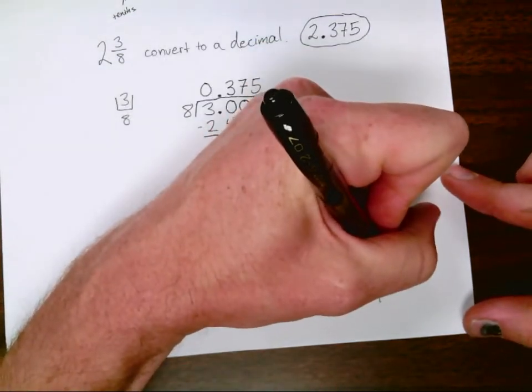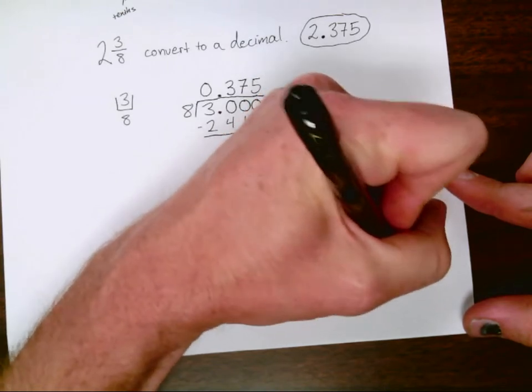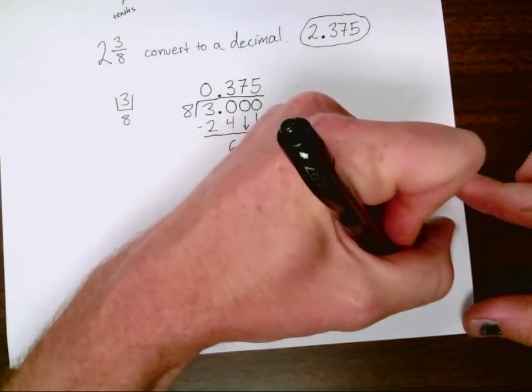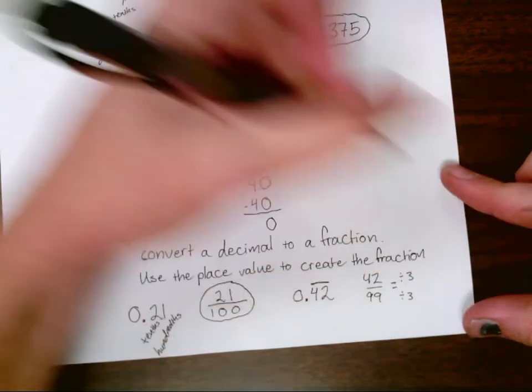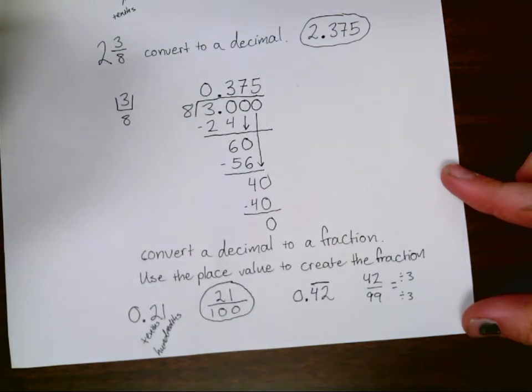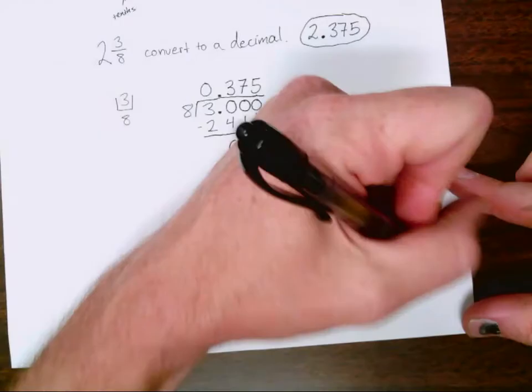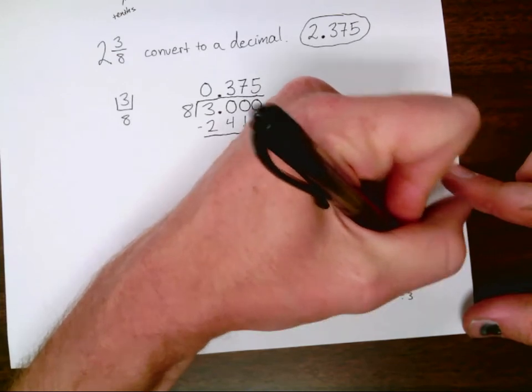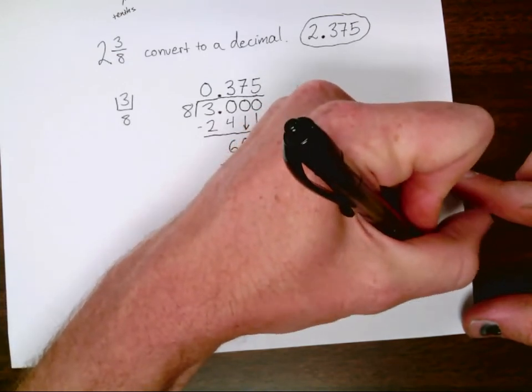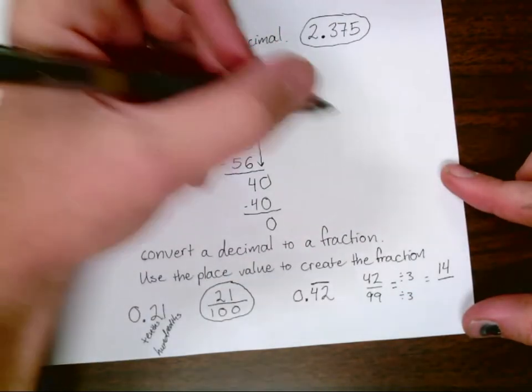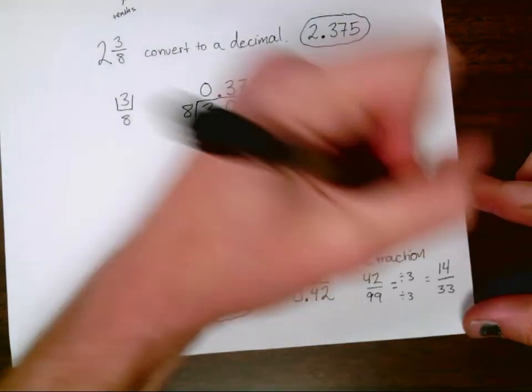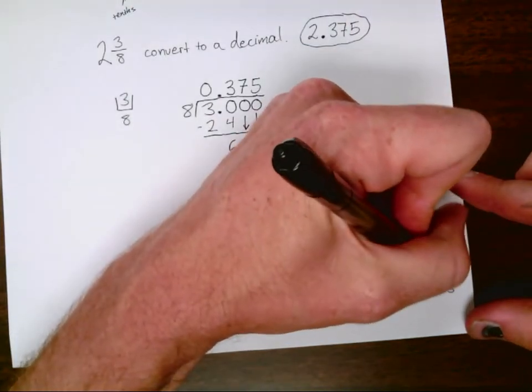We could divide the top and the bottom by 3. And we would get 14 as my numerator and 33 as my denominator, 14/33.